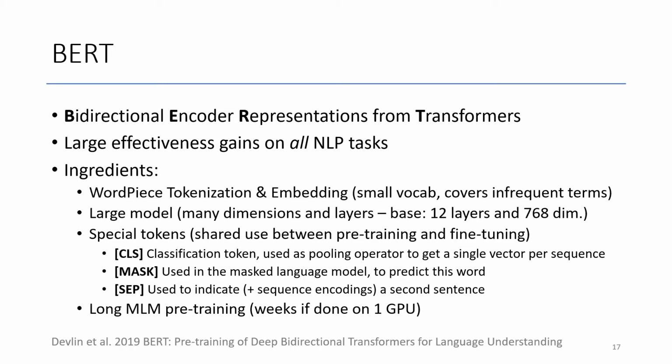BERT, the de facto standard big pre-trained transformer model that is out there right now. Very similar to how Word2Vec a couple of years ago overran everything, BERT is now doing the same. Coincidentally, both come from Google.